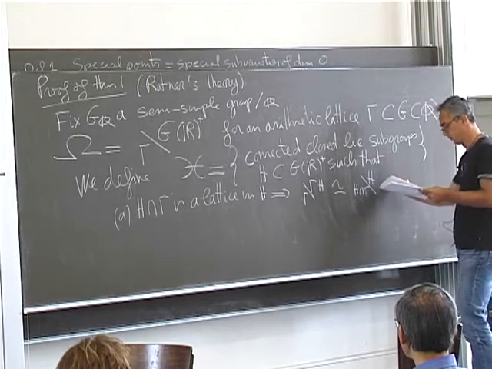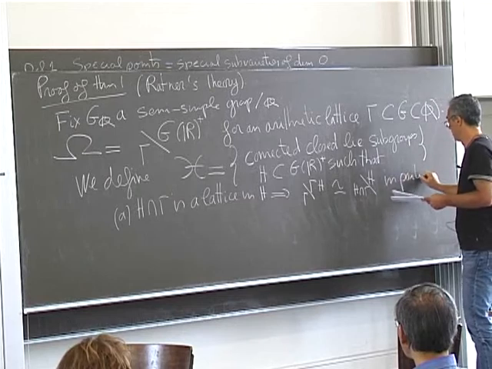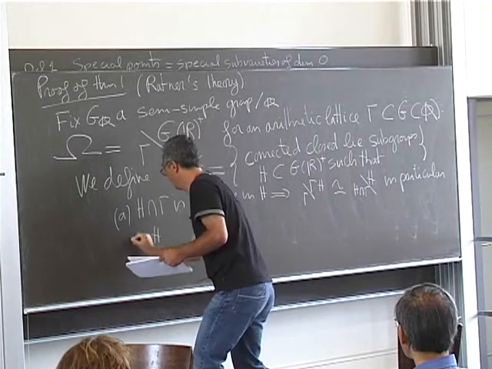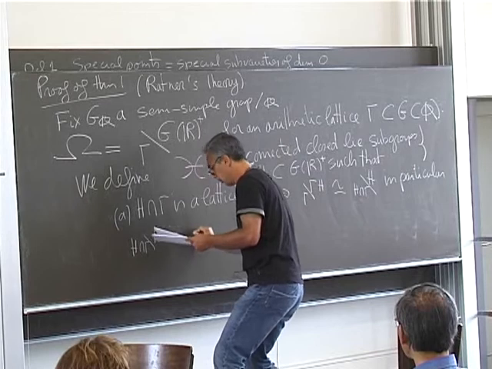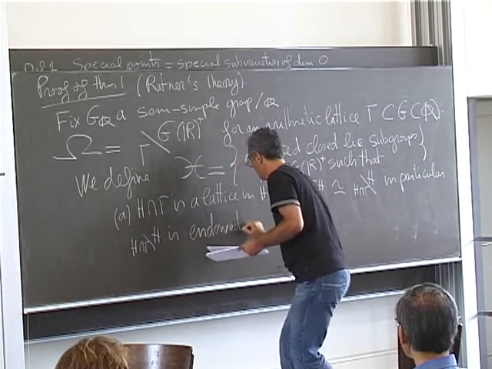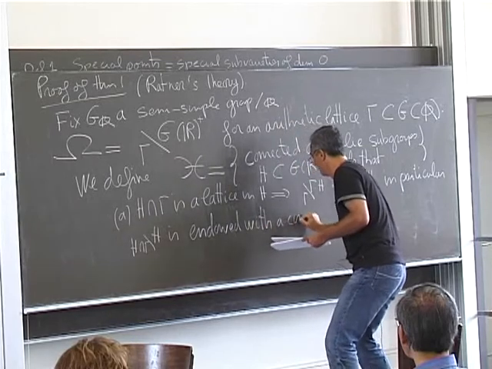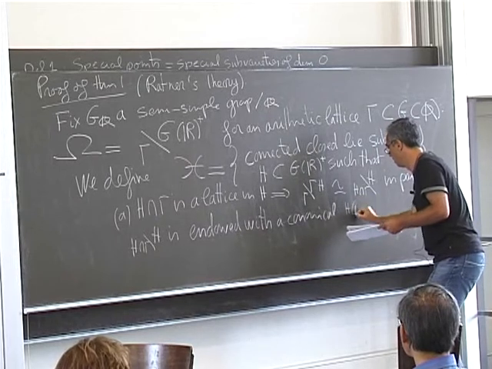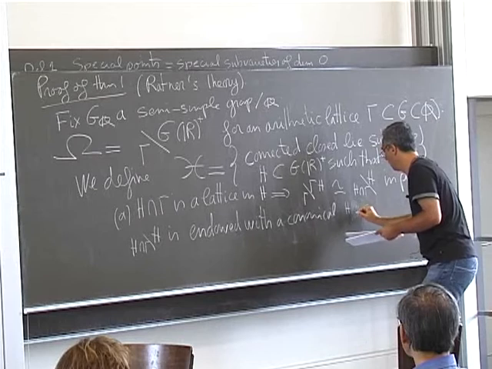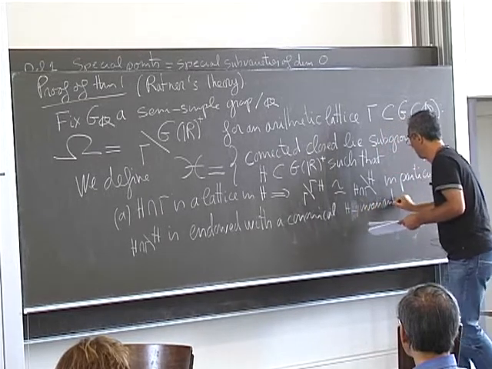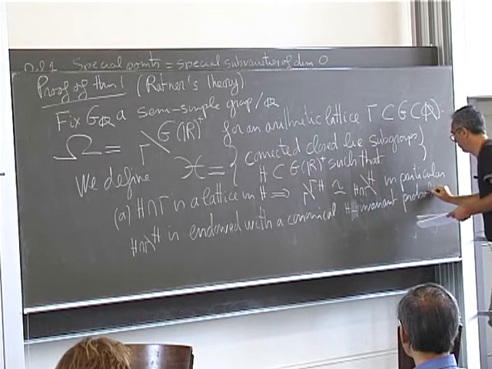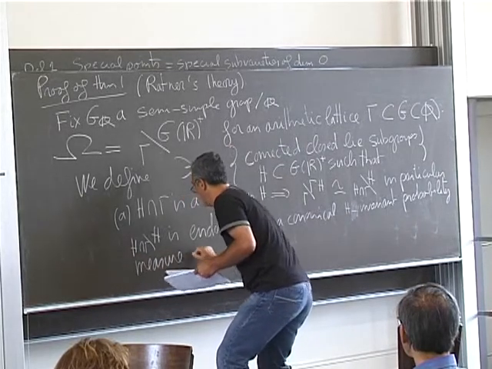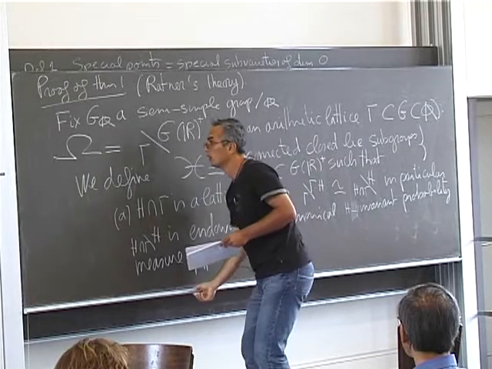And in particular, H in this situation is endowed with a canonical H(R)-invariant probability measure. I will call it mu_H.